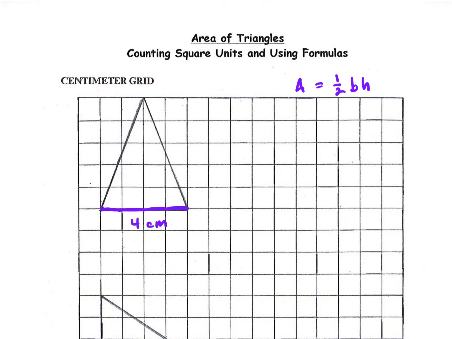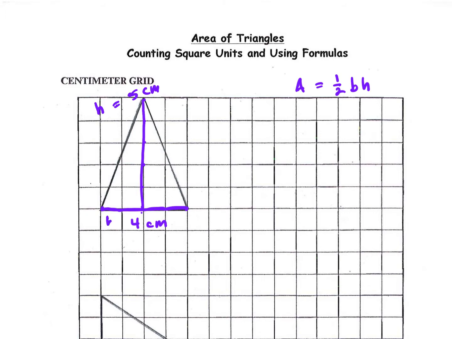And then the height is from the very highest part of the triangle down to the base. If we count from there, we have 1, 2, 3, 4, 5. So the height would be 5 centimeters.